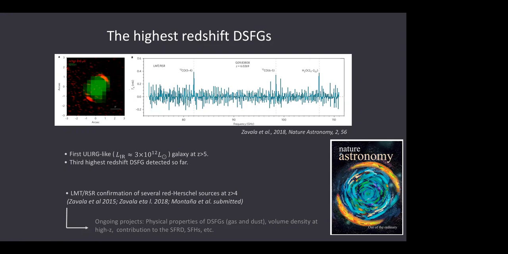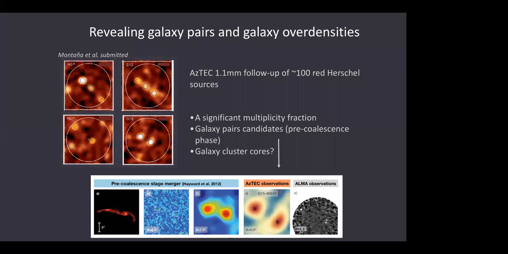In the next slide, some of those sources were selected because they had very red color, meaning they were peaking in the 500 micron band in Herschel. And what Alfredo Montagna, who was leading this program, did was to image them with the AzTEC instrument at 1.1 millimeter.